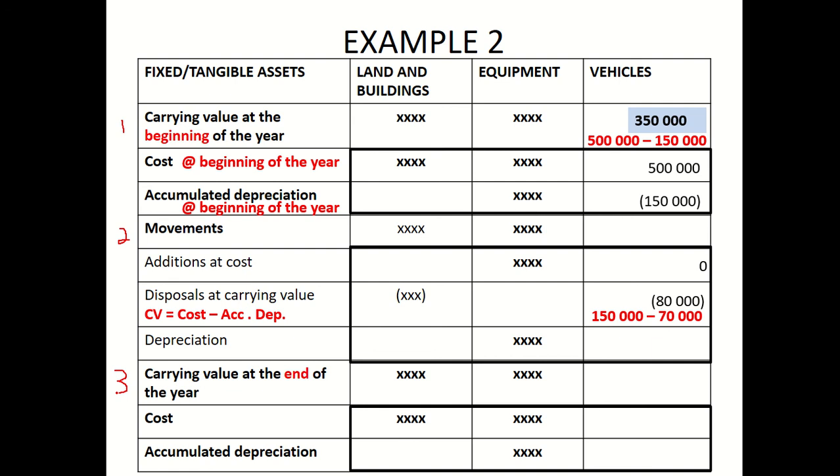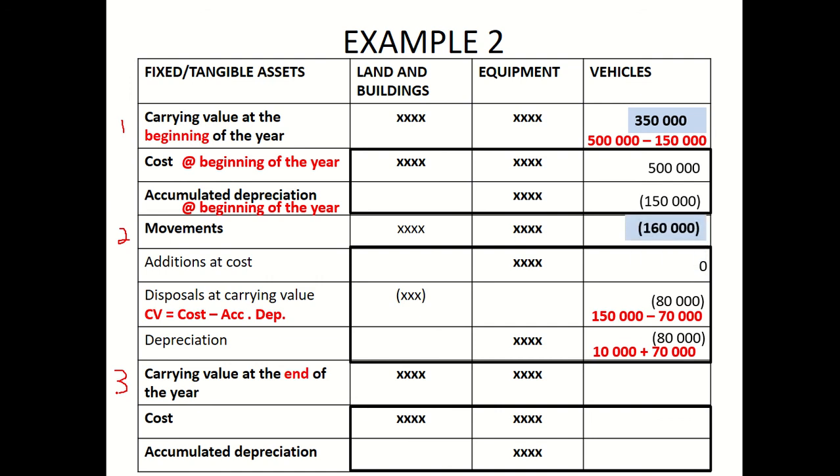And what is the depreciation of the remaining assets? Remember how we calculated it? We took 350,000 rand and we multiplied it by 20% and we got 70,000. So our depreciation will be 80,000, which is the 10,000 plus the 70,000.